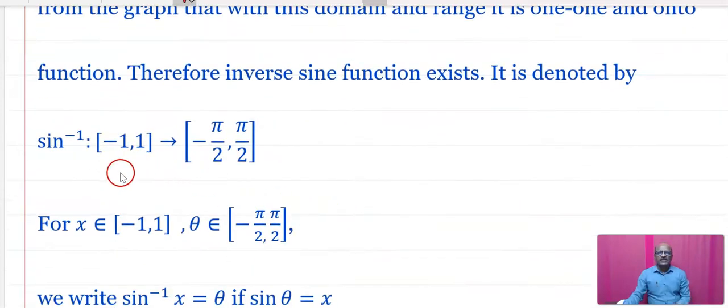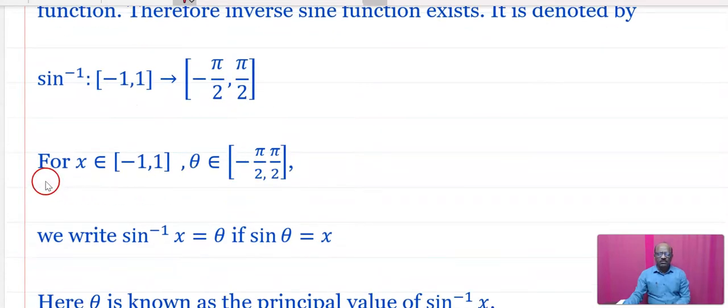It is denoted by sine inverse, from minus 1 to 1 to minus pi by 2 to plus pi by 2, for x belongs to the closed interval minus 1 to 1, and here theta belongs to the closed interval minus pi by 2 to plus pi by 2.